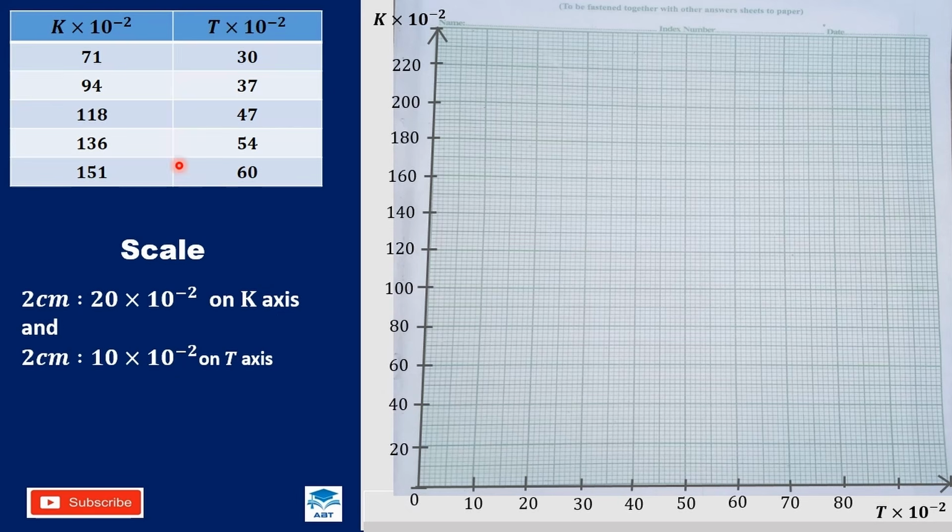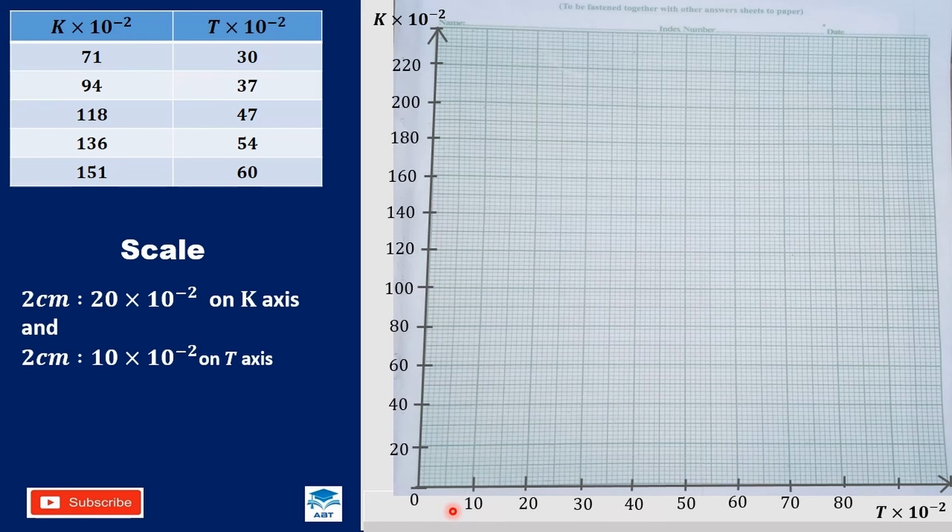For the first value, we have 71 on the K axis and 30 on the T axis. For the K axis, one full box is 20. When we divide by 10, one small box will be 2. On the T axis, one full box is 10, so one small box will be 1.